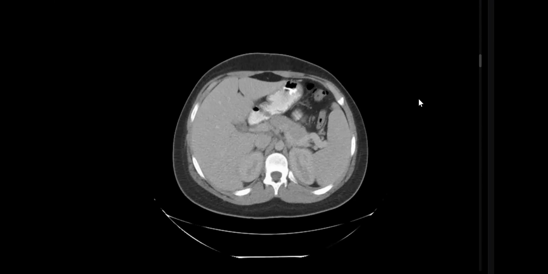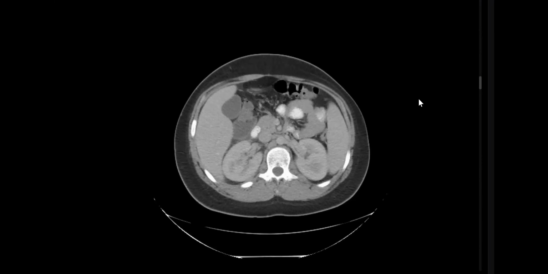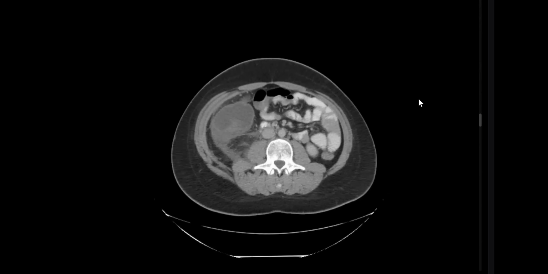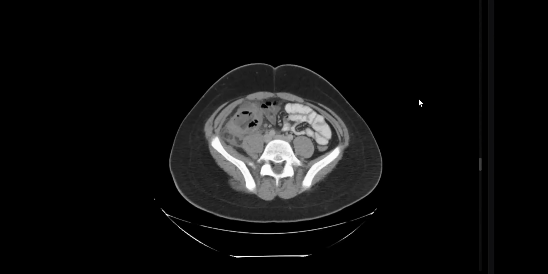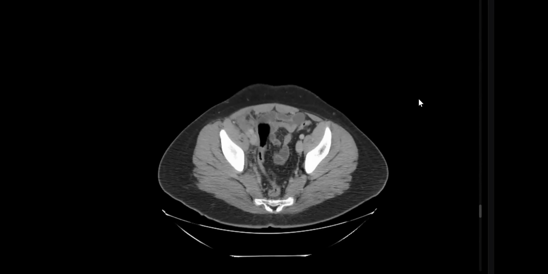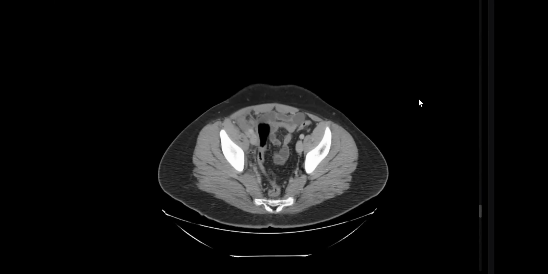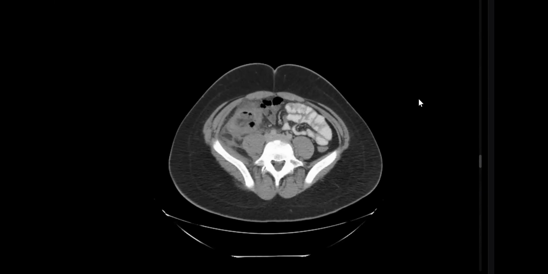So I will first scroll from top to bottom, and then I'll start commenting. The patient has presented with acute abdomen. So the obvious abnormality that I can appreciate is in the right iliac fossa.